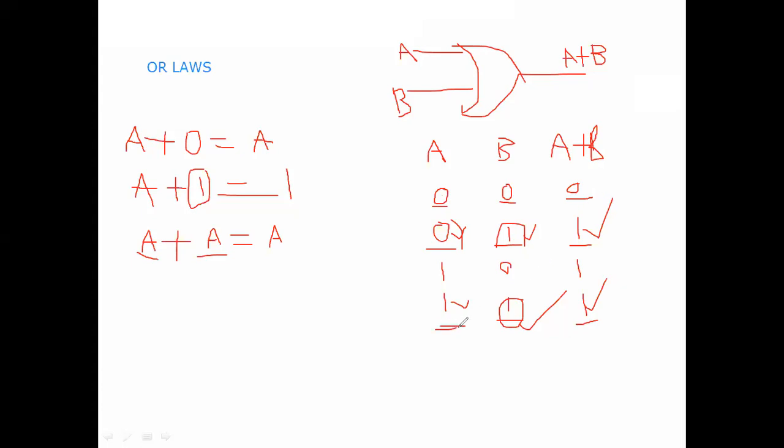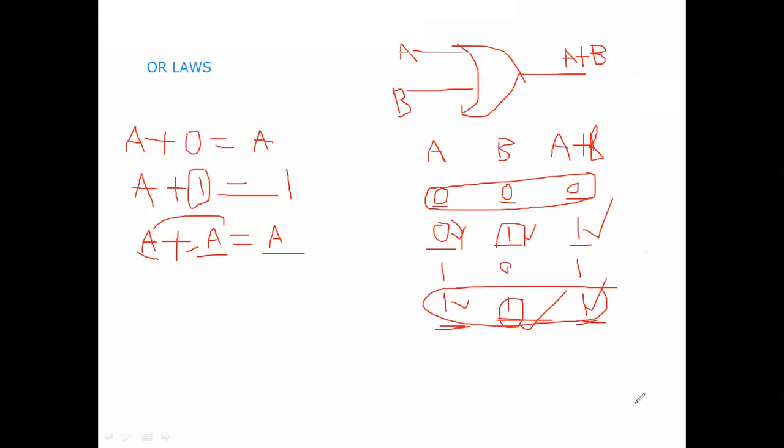Okay. 1, 1, same inputs. What about the output? 1. That means if you are taking same inputs and doing the OR operation, then we are getting the same output. That is getting from these two combinations only. 0, 0, output is 0. 1, 1, the output is 1. Are you understanding?